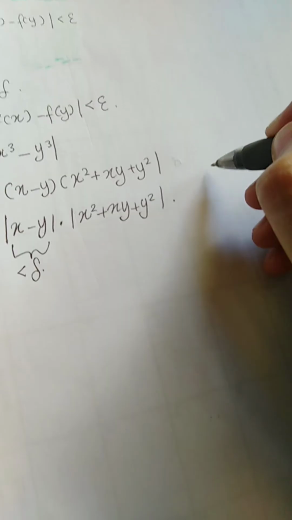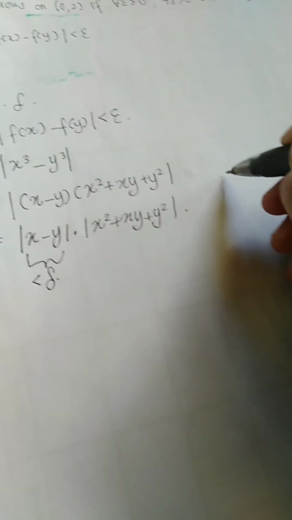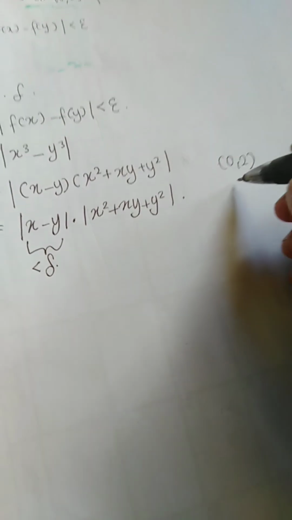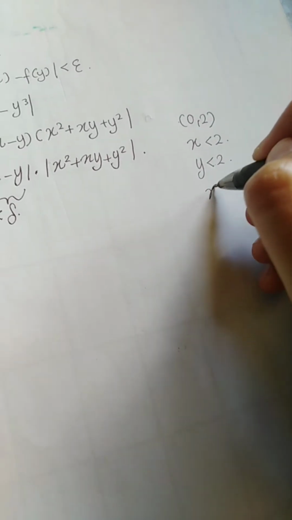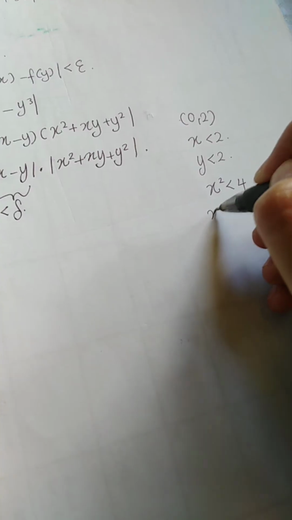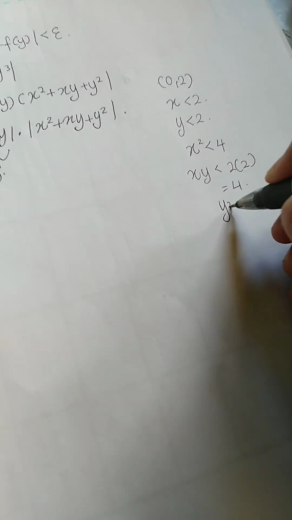And for the second, we know that x is in the interval [0, 2], so x is less than 2, and y is also less than 2. And we know x squared is less than 4, and xy is less than 2 times 2, which is 4. So we also know that y squared is less than 4.